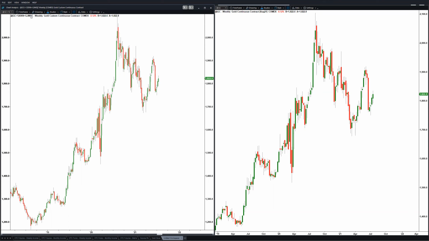The front month is trading lower than the back month, so there would naturally be a gap up, but the adjusted contract is programmed by default to close the gap with a green candle. You will not see that there's a gap, right?